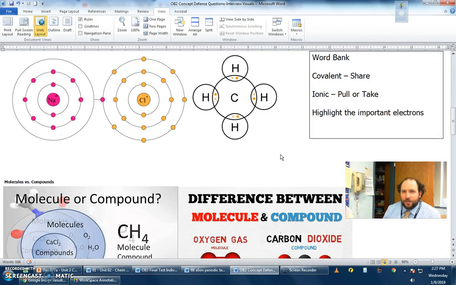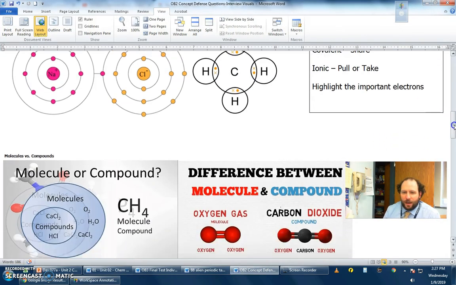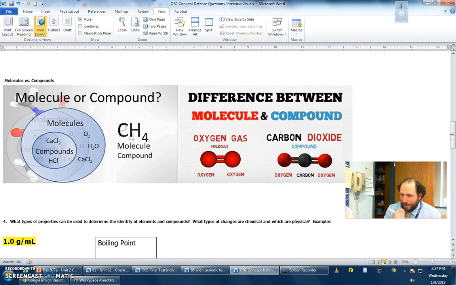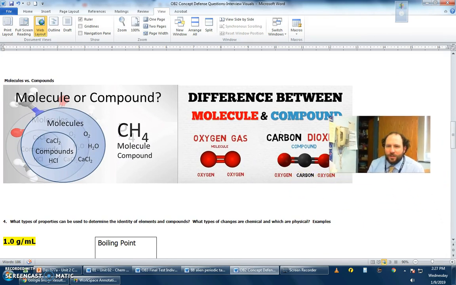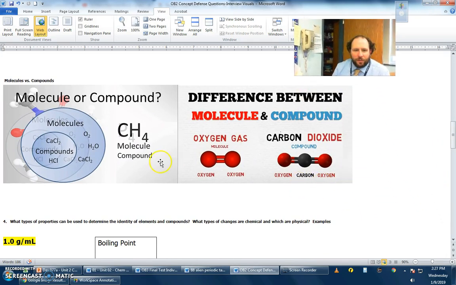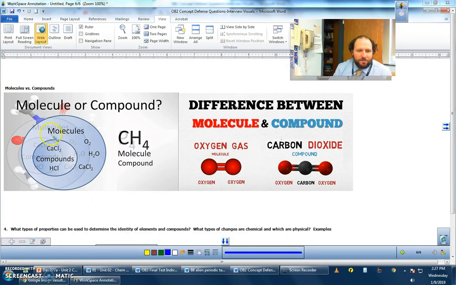All right, let's scroll down here to the next topic, which is the difference between molecules and compounds. And when you're checking this out, please observe that we've got a Venn diagram on the far left here that shows molecules on the outside. And so everything within this circle, this oval, is a molecule, but only items on the inside of this oval are considered compounds.